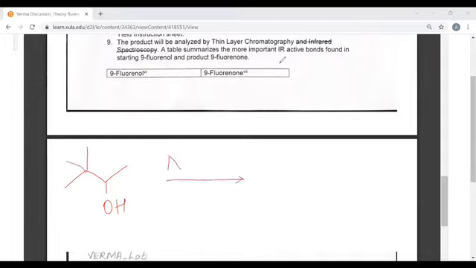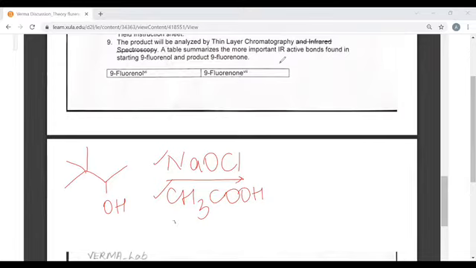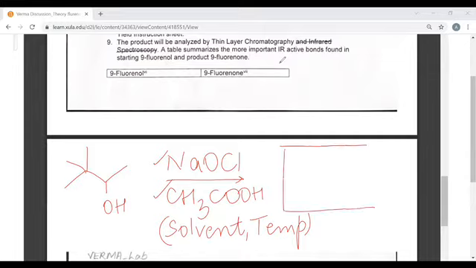And now when I will use bleach, acetic acid, these are the 2 major components of your oxidizing. If you have a solvent, if you have other temperature conditions, those are secondary. What will be the new product that you will show me?